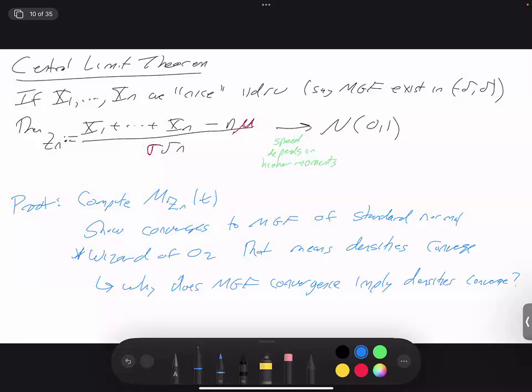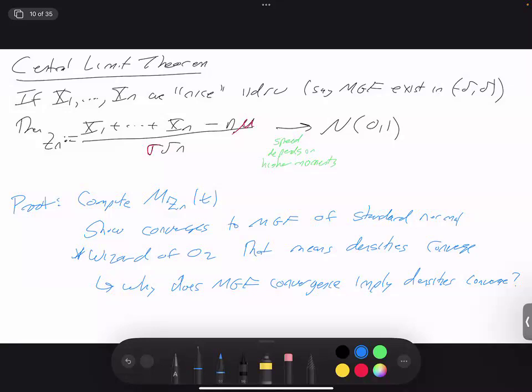It's not unreasonable that if I have 2 densities, one of them maybe is fixed and one of them is a sequence of densities, and the moment generating functions of the sequence are converging to the moment generating function of the fixed one, I would then hope that the densities themselves are converging. That I can't have 2 different densities going to the same moment generating function.